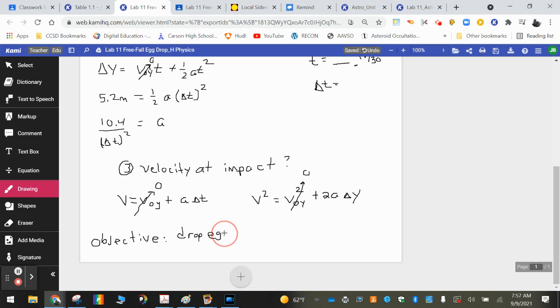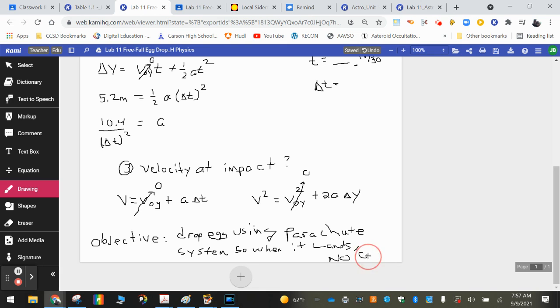Drop egg using parachute system. So when it lands, there are no cracks.